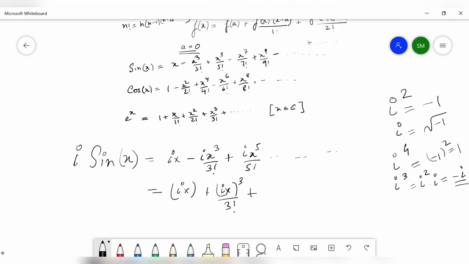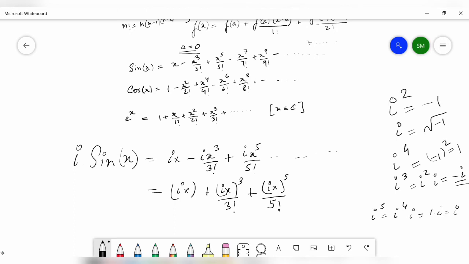Similarly, I can write ix to the power 5 divided by 5 factorial as ix whole to the power 5 divided by 5 factorial. Why again? i to the power 4 is just 1, right? So i to the power 5 can be written as i to the power 4 into i, which is 1 into i, which means i.